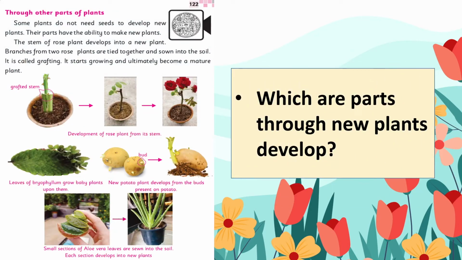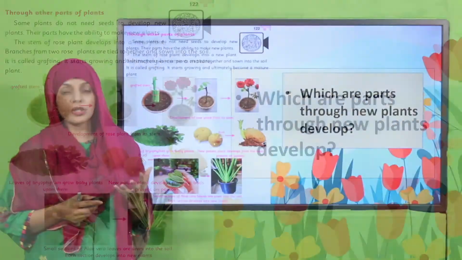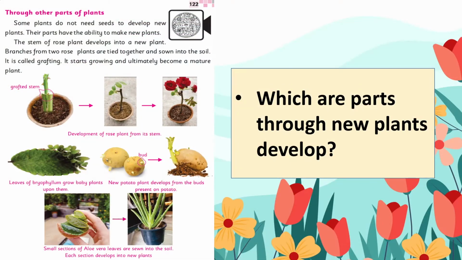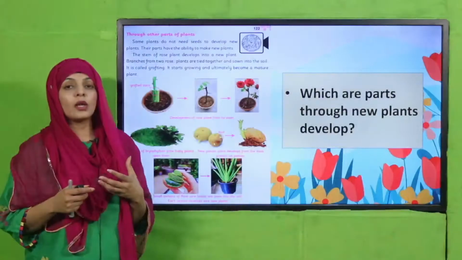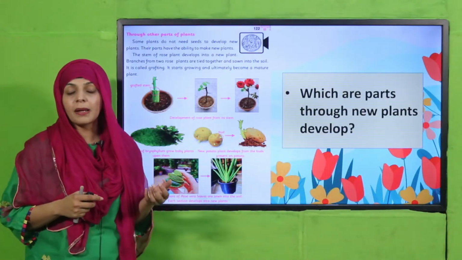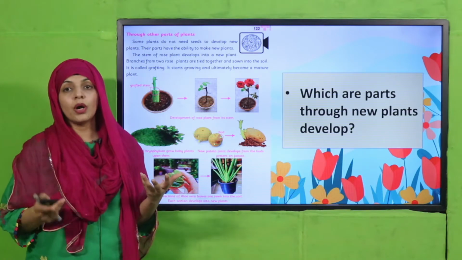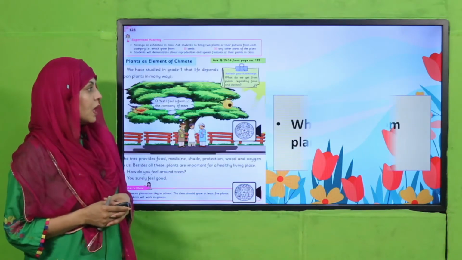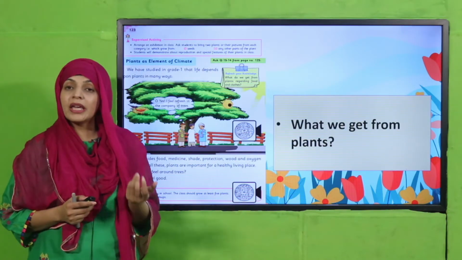And then the next mode of the reproduction is through other parts of the plant like stem, leaves and roots. So ये तमाम जो parts हैं इनको graft करके या अगर इनको जमीन में लगाया जाए तो they turn into a new plant.